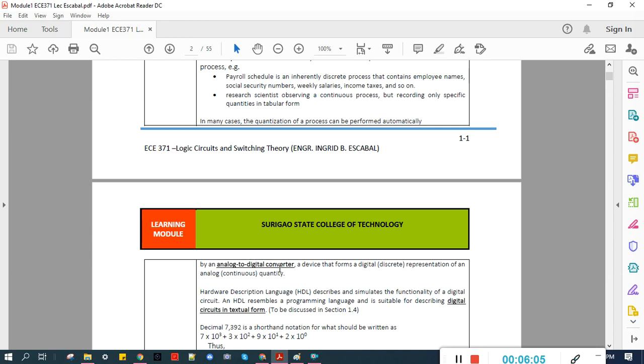If we're talking about electronic circuits, we have general types of circuits, analog and digital, but there are still other types like mixed circuit, which is a combination of both analog and digital circuits. And we even still have RF circuits.